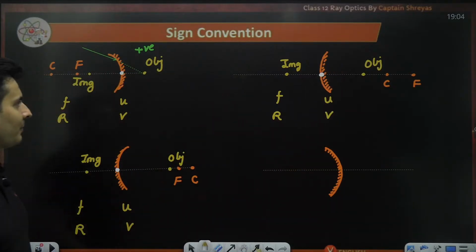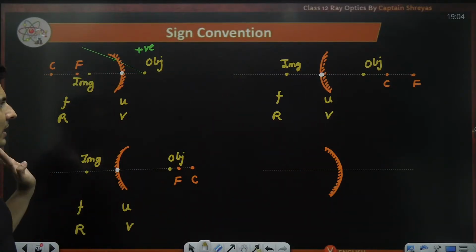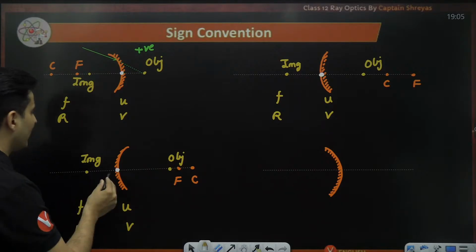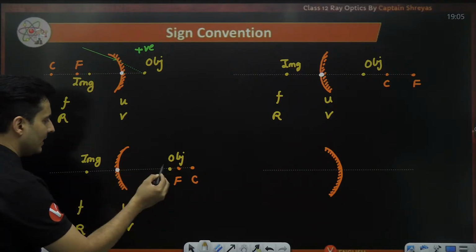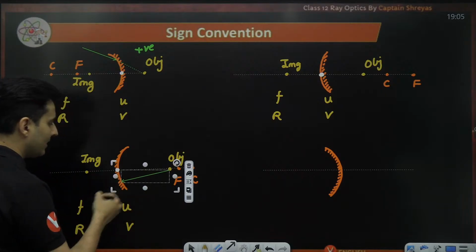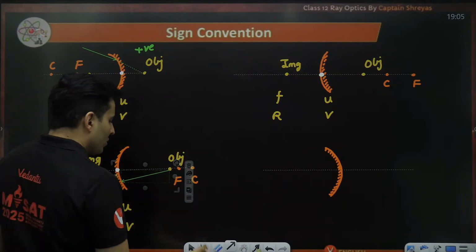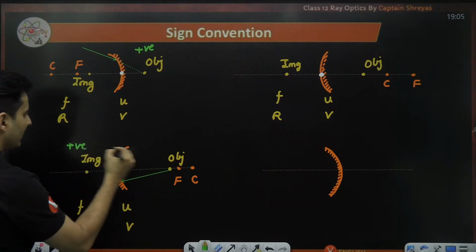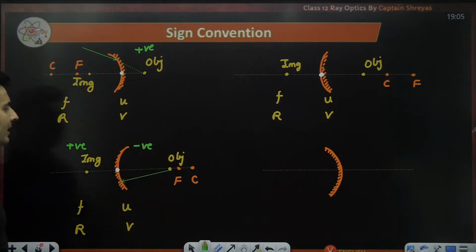Got it, everyone? Till this point, absolutely clear? Okay. Similarly, now look over here. The object is in front of the reflecting surface, so we are safe. If a ray goes like this, it will definitely get reflected. So we have nothing to worry about. So this side will be positive, this side will be negative.